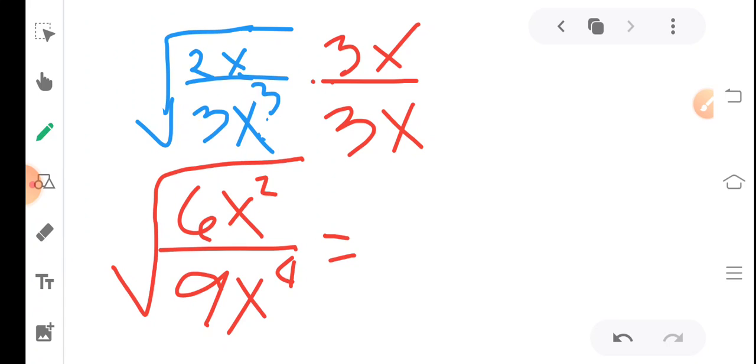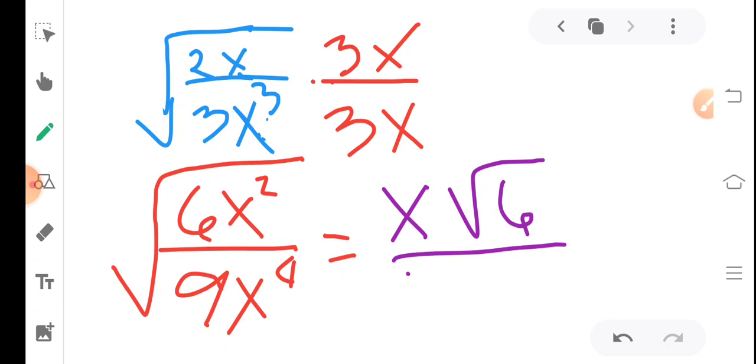So for 6x squared, we can simplify x squared, so that's x times the square root of 6 over the square root of 9, which is 3. The square root of x to the fourth power is x squared.